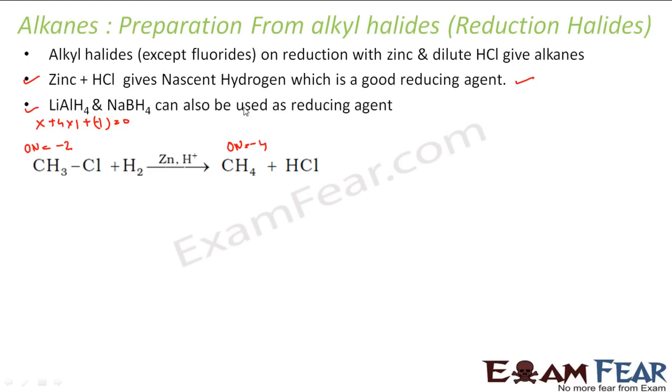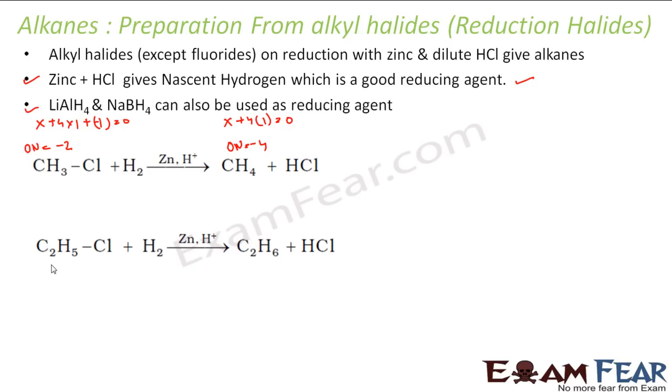So the value of X is -2. Here carbon is X, 4 into hydrogen is 4 into 1, equal to 0, so the oxidation number of carbon here is -4. So from -2 to -4, that means it got reduced, right?